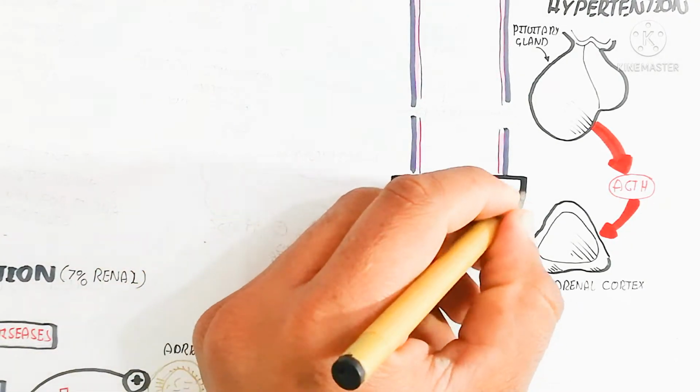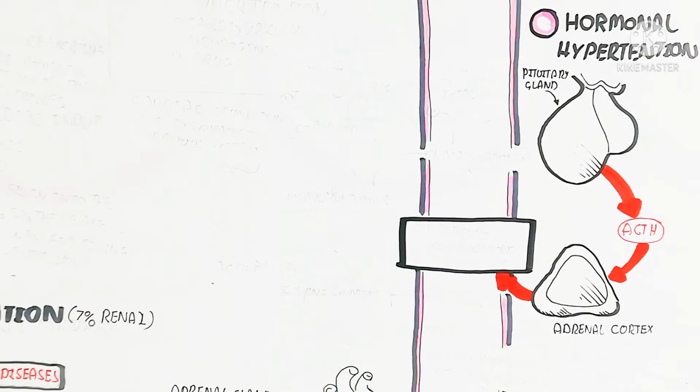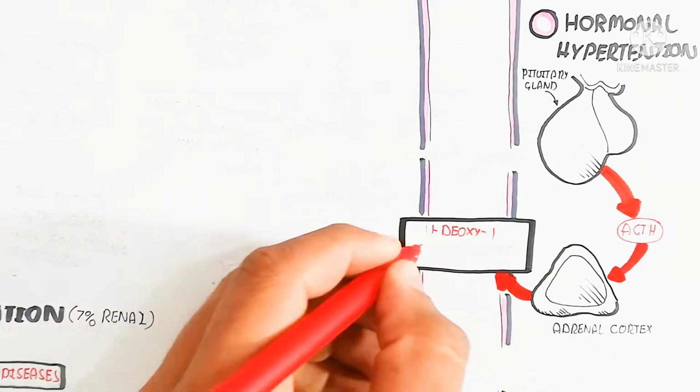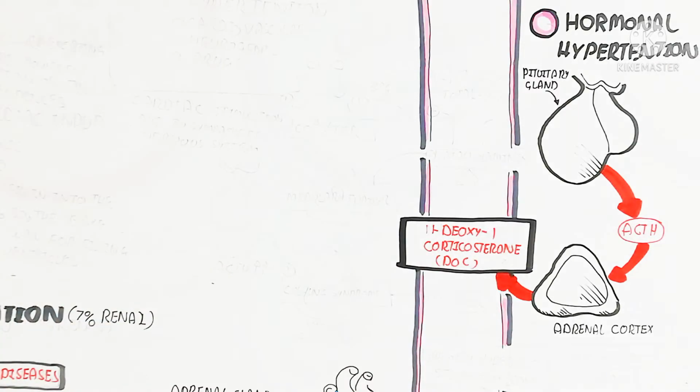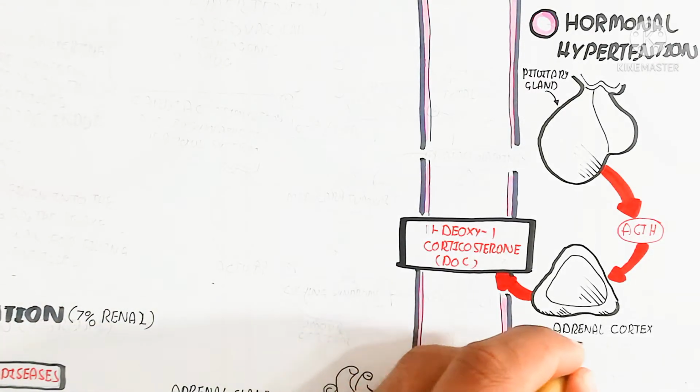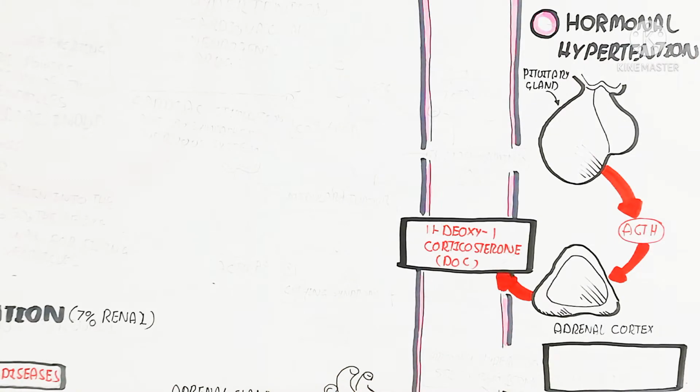The same mechanism you can understand as well. On the other hand, primary hyperaldosteronism is due to an adrenal cortical tumor. So this adrenal cortical tumor will stimulate primary hyperaldosteronism.